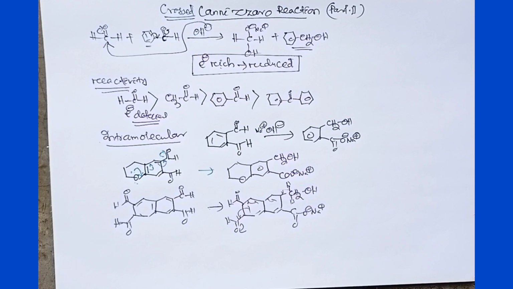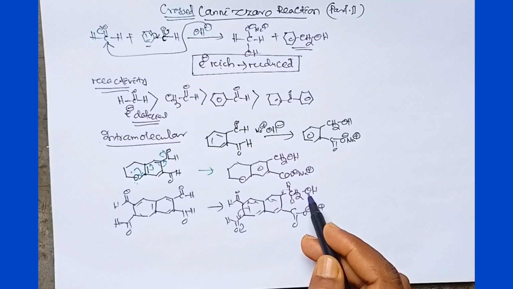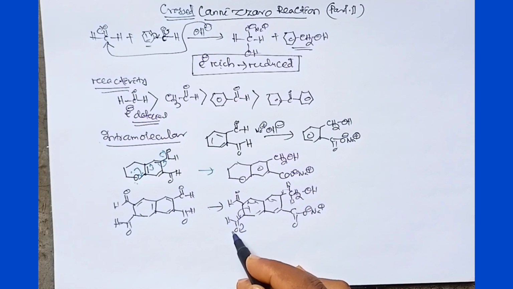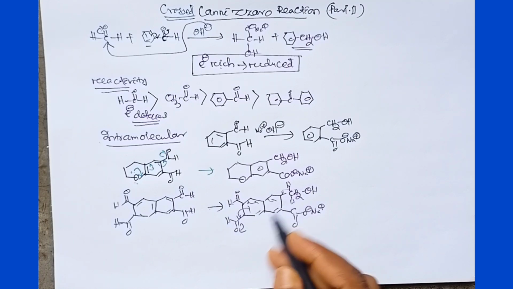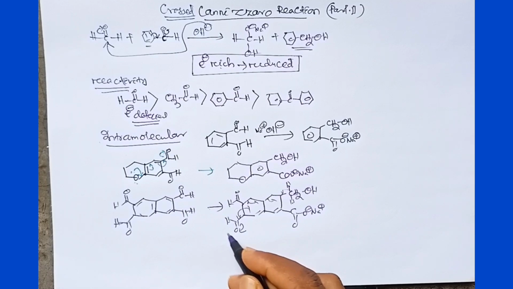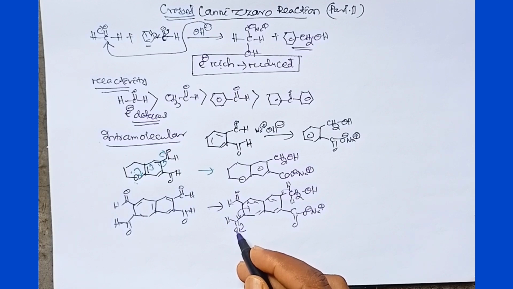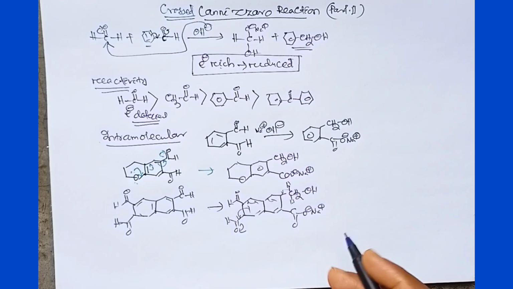Are you getting my point? So with reference to this alcohol group, this aldehyde which is at the para position is somewhat stabilized by resonance. It's getting electron flow from this hyperconjugation effect. So this center becomes more electron rich. Electron rich means it will be reduced, and electron deficient means it will be oxidized.